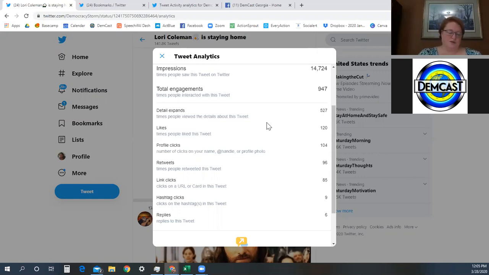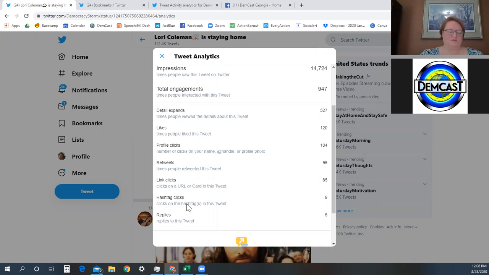And then you've got retweets, so how many times people retweeted that. If there were links in your tweet, how many times they clicked on it. You can see in this particular case, I'll go back to it in a minute, I have an actual link to that tweet that people can look at for more information.